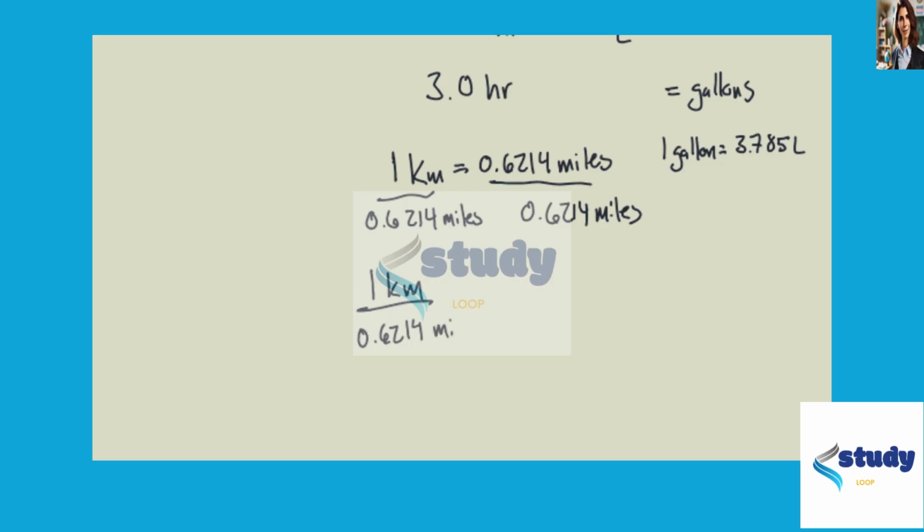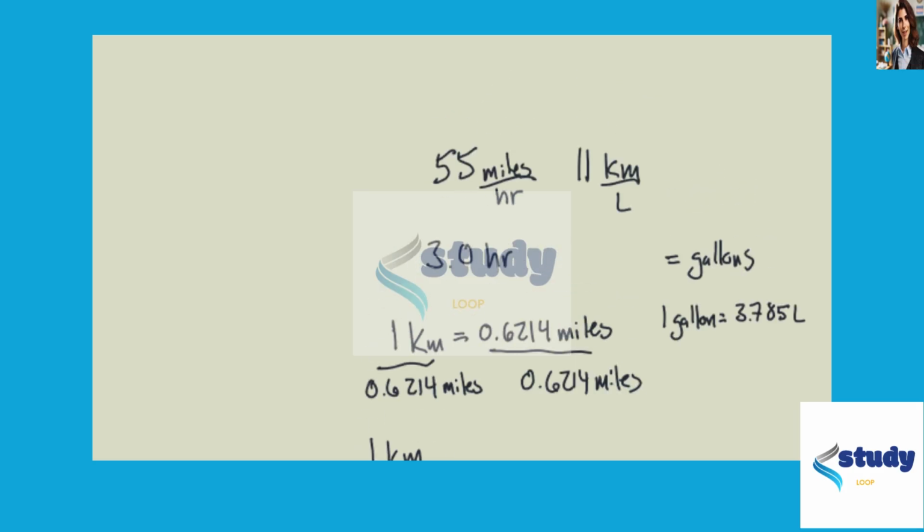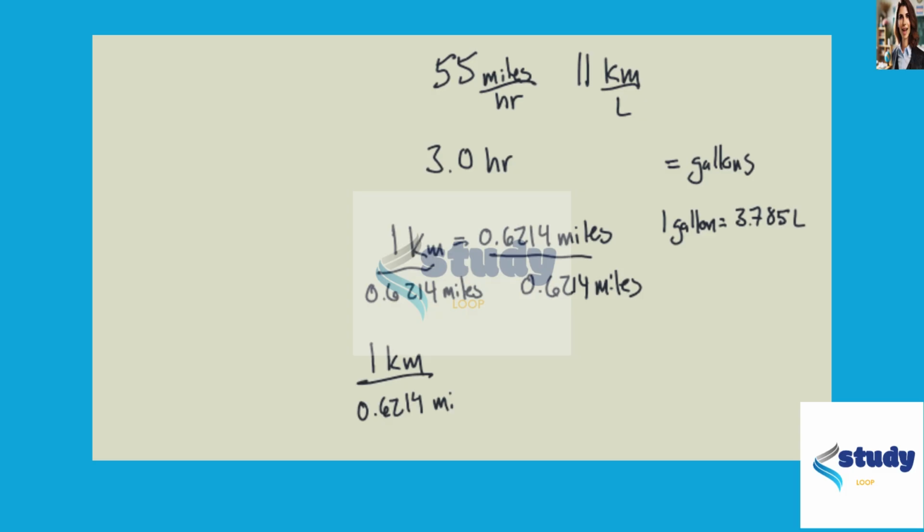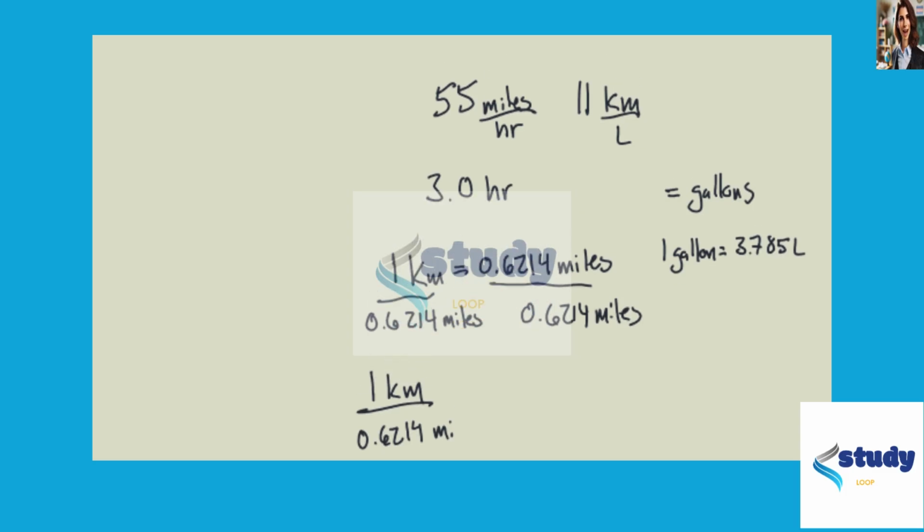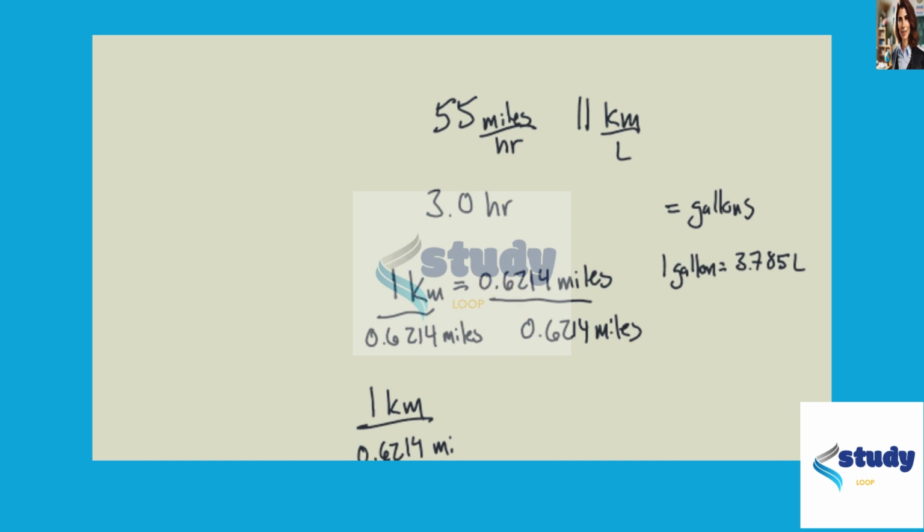miles. And we can do the same thing with our gallons and our liters. If we're going to get rid of liters and get gallons, then we want to have liters in our numerator and gallons in our denominator. Since we have liters in the denominator of our expression, then we'll put liters in the numerator of this expression.